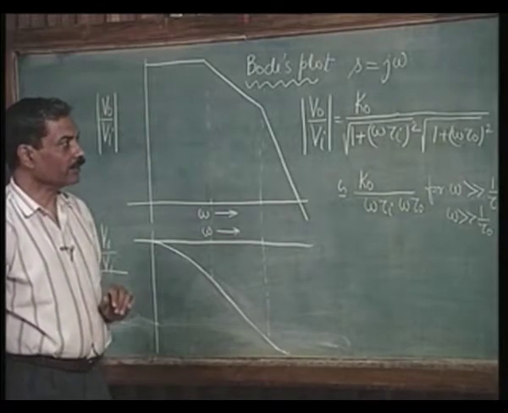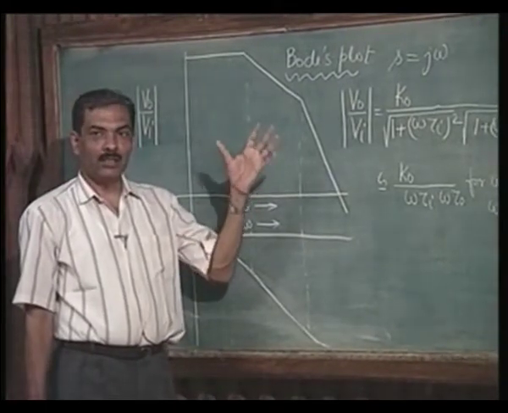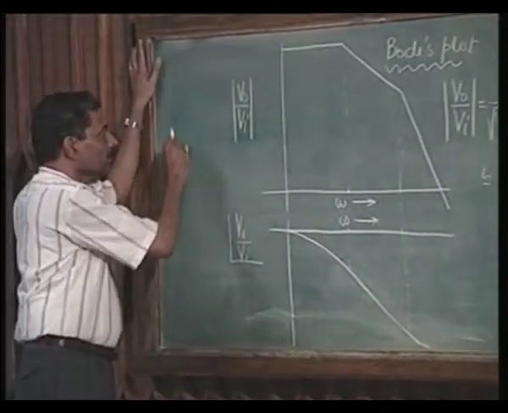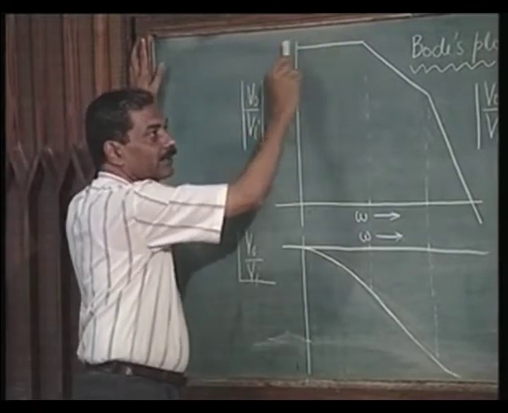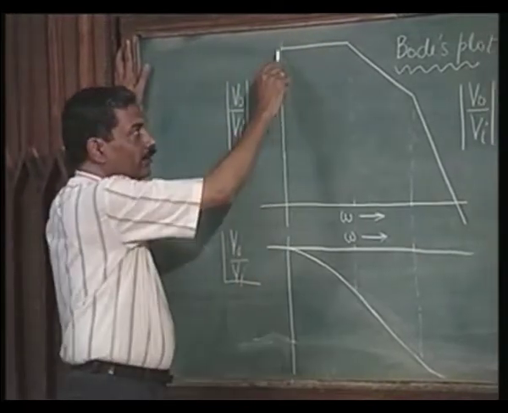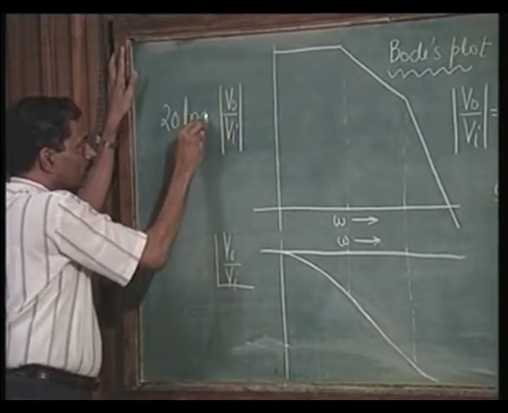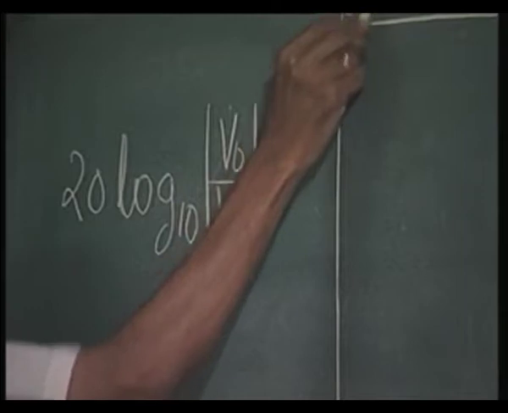Now, how is it plotted? It is plotted as 20 log of this, so that it is in terms of decibels. As we have earlier indicated, 20 log to the base 10 of V naught over Vi, that means this will be in terms of decibels.